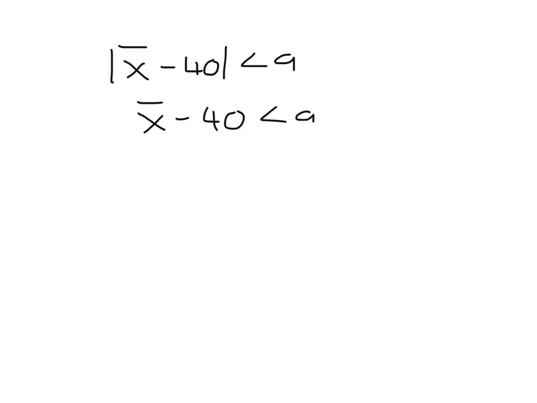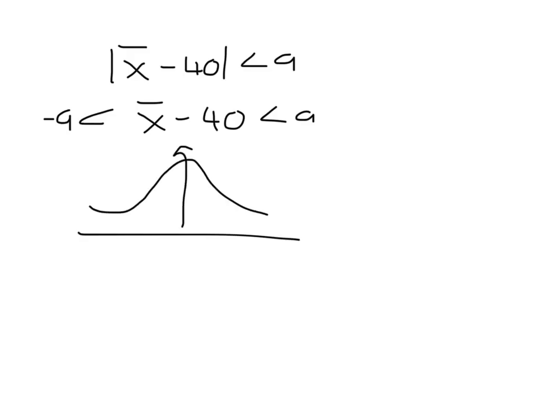Part 3 then, if we think about the modulus, x bar minus 40 is less than a and greater than minus a. So we are looking for a region here, and that has to be 70%.